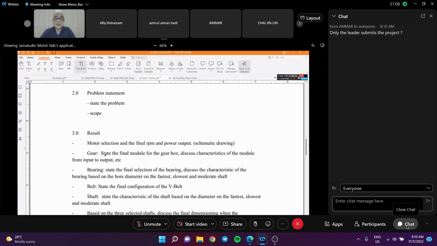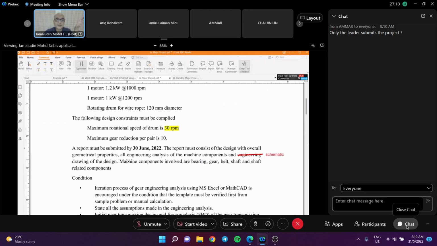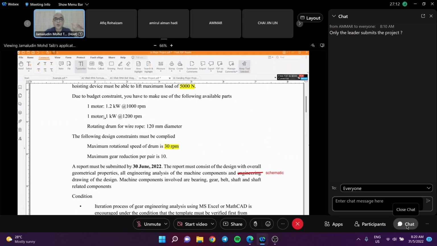Because you have selected a motor, you can select one motor, two motors, or maybe a combination of two motors. After that, you do the forward calculation analysis to find out what the final output is.